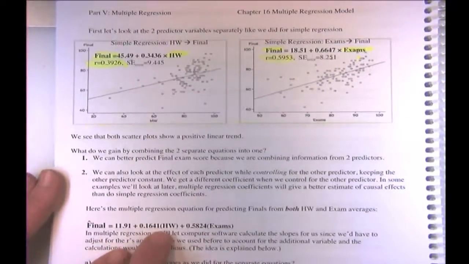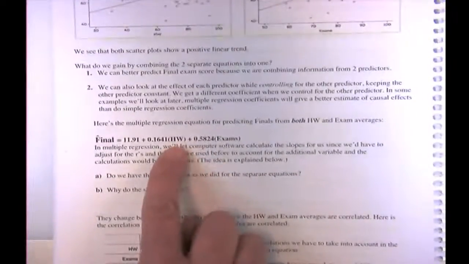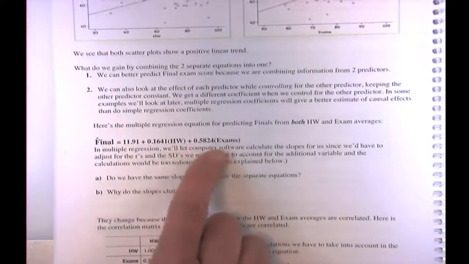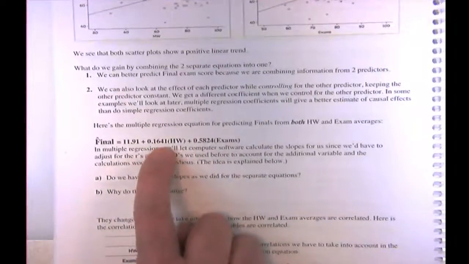We can say, okay, controlling for exams, just looking at people who have the same exam scores, how much difference does homework make? We can stratify on that variable, exams, and say, okay, for people who have 70s on exams, how much difference does my homework make? People who have 80s, and that's what this is.